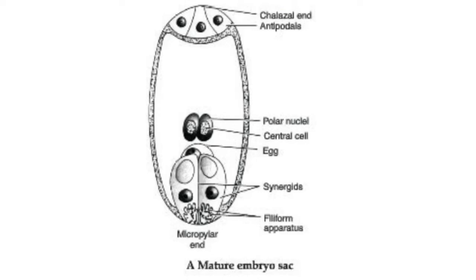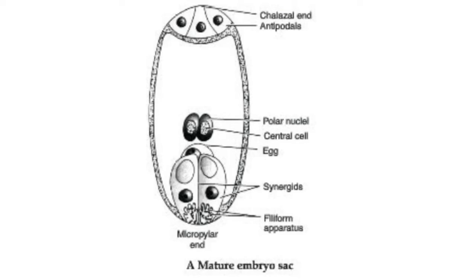That is the eight-nucleate stage of the embryo sac. It comprises a micropylar end and a chalazal end with four nuclei at each end. Six of the eight nuclei are surrounded by cell walls and organized into cells.